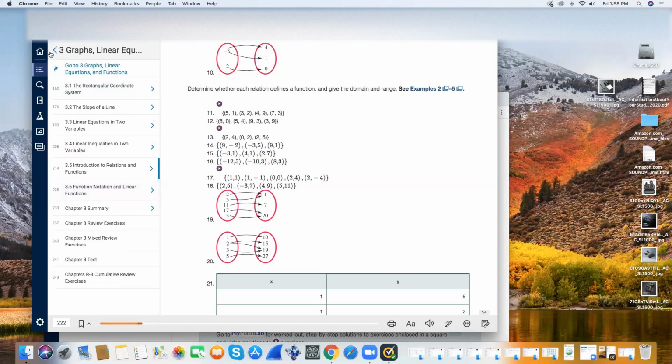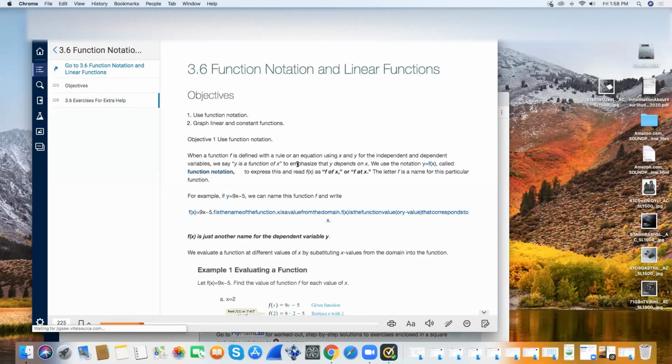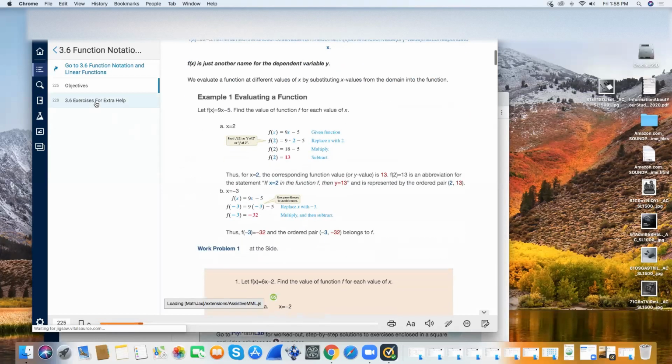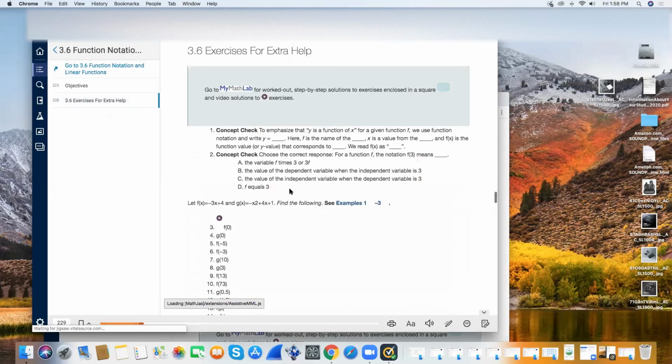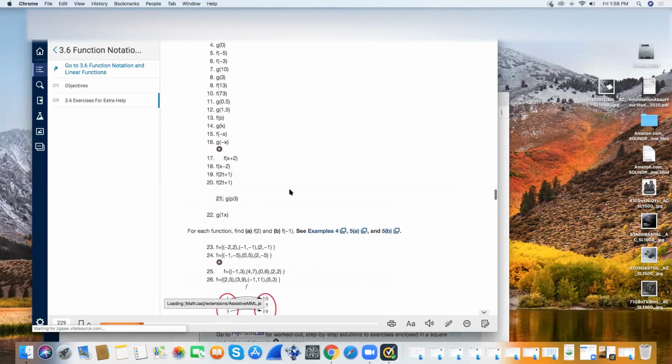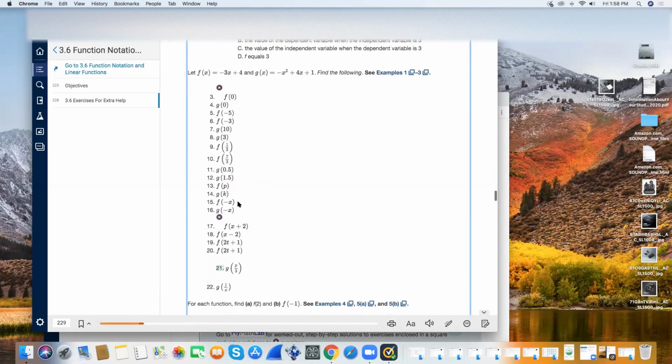I go back from here and scroll down and go to the exercises, and scroll down to 14. This one, right? 14. Did anybody want to answer this before I do it?